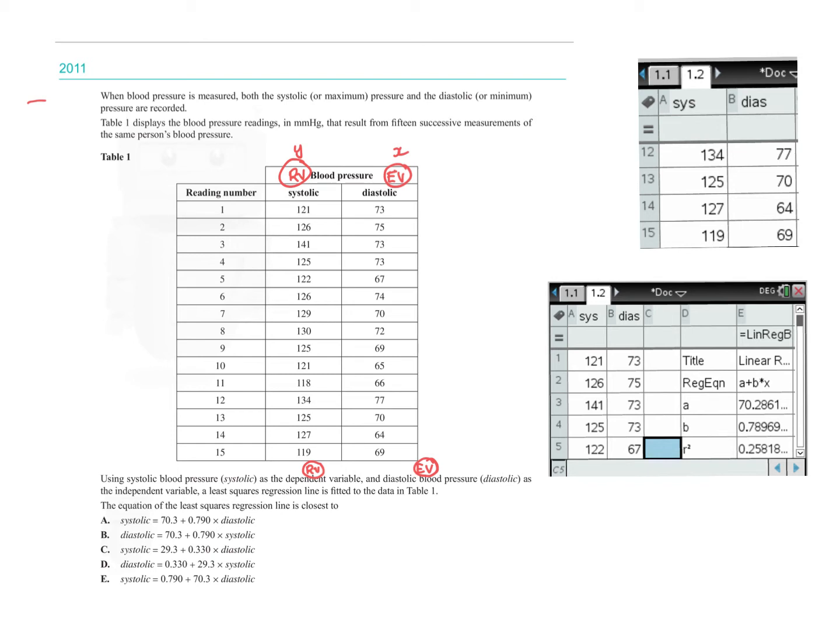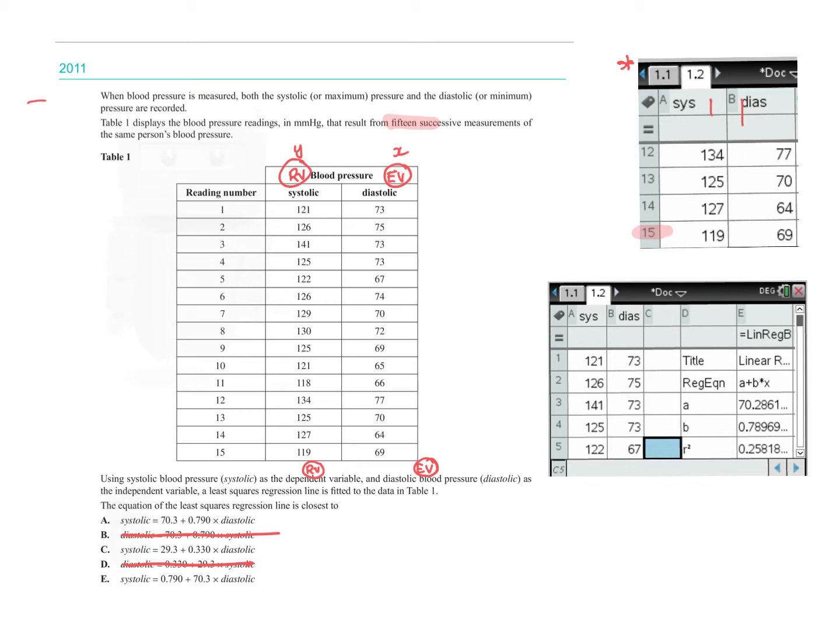Now they want us to get the least squares regression line, so we know systolic should be written first, so we can get rid of these two diastolic ones, and then obviously we've got no other choice really except to put them in the calculator. So I've created the two lists and popped them in. Now it said in the blurb up here, which hopefully you can read in reading time, that there were 15 measurements, so when I got down to 15 I knew I'd typed in enough, so be careful with that.